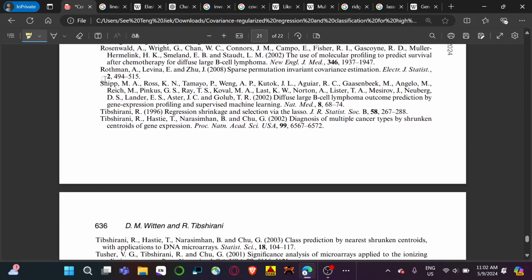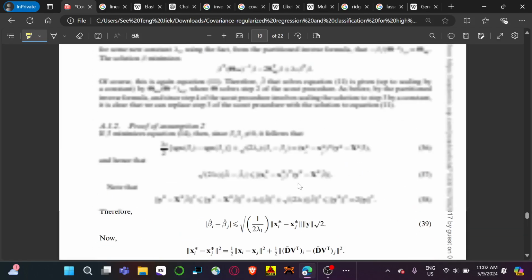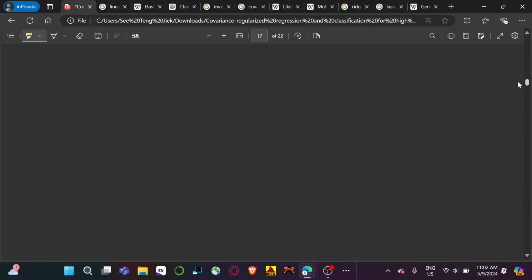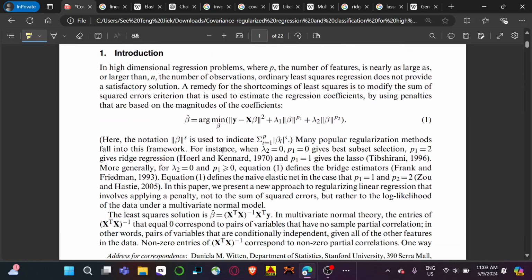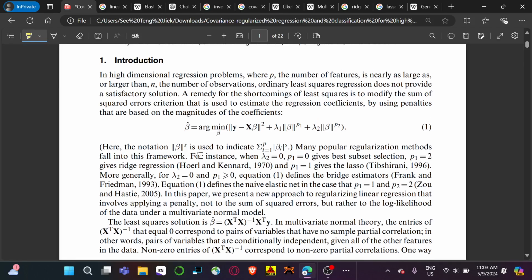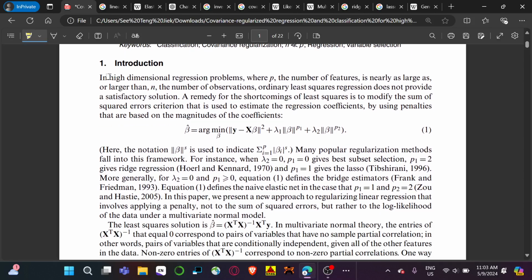Let's see how we can approach this. I tell you what, we will go through the introduction, and after that, we go through the discussion, and we shall see whether or not it's worth it to go through the entire paper, because I'm running out of time. But let's go through the introduction for now.